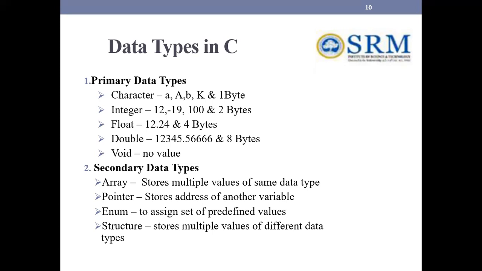And structures. Structure is the opposite of array. Here, a structure can store multiple values of different data types. For example, a student structure can store multiple values. Student name is a string data type. Student initial is a character data type. Student age is an integer data type.